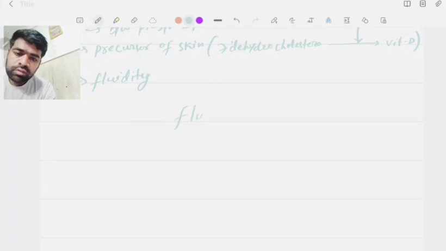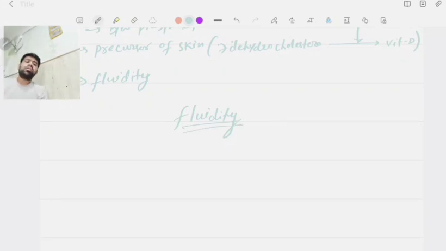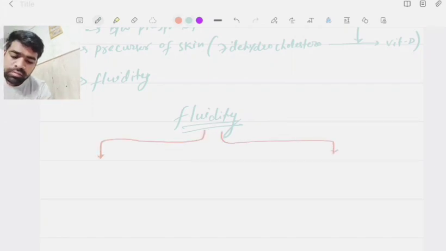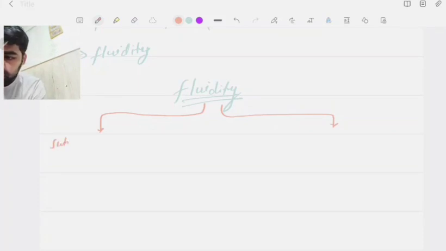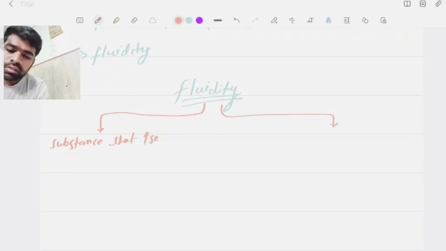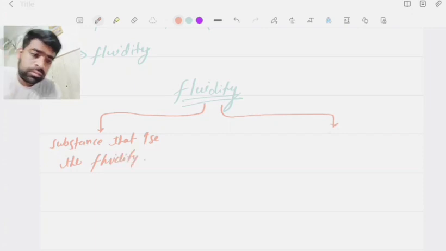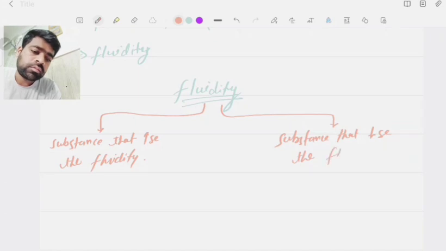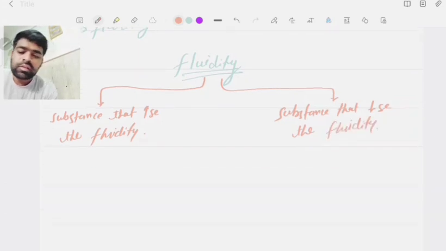So what is fluidity? Two things here: one is increasing the fluidity, the second is decreasing the fluidity. So, the substance that increases the fluidity and the substance that decreases the fluidity.